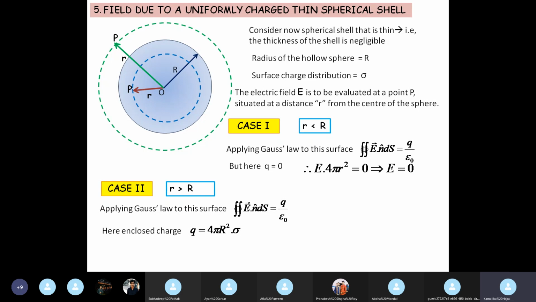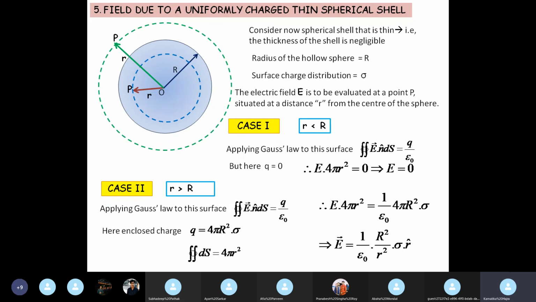You have to find the enclosed charge in each case. You can see that it becomes different. In this particular case, since it's a hollow sphere, the total enclosed charge becomes the surface charge distribution multiplied by the surface area of the hollow sphere, so it is 4 pi capital R squared into sigma. And of course the integral of dS is 4 pi small r squared, because that is the surface of the Gaussian you have drawn.